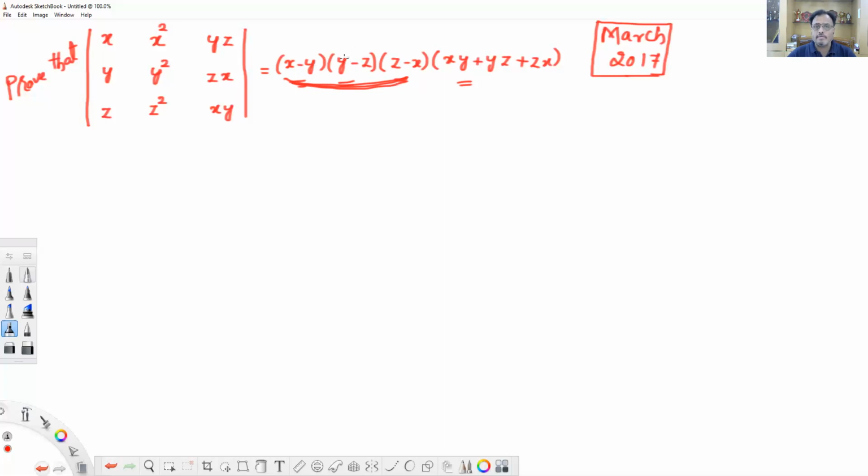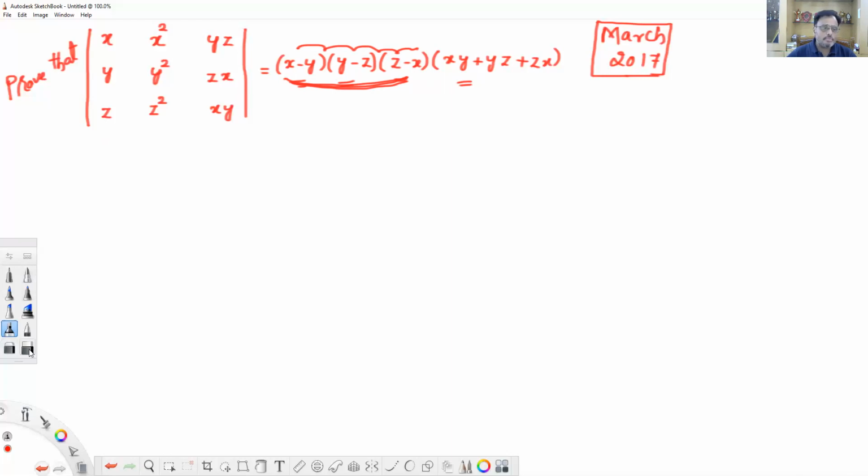First common factors, that is x minus y, y minus z, z minus x, and xy plus yz plus zx. Of course, all 4 factors may come as a common factor also, but at least 2 or 3 must come as a common factor. See that how it is, x minus y and this.